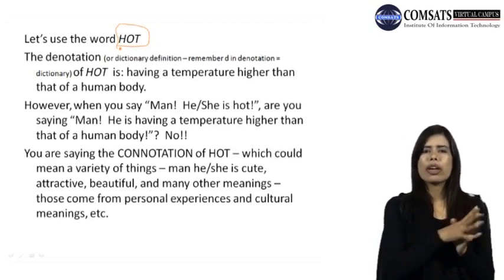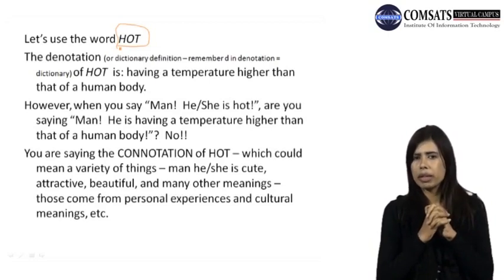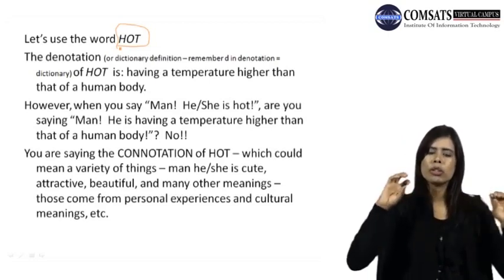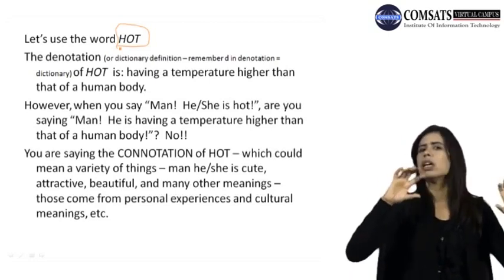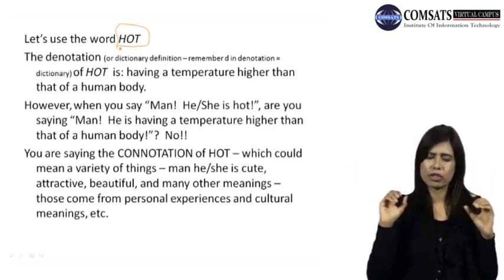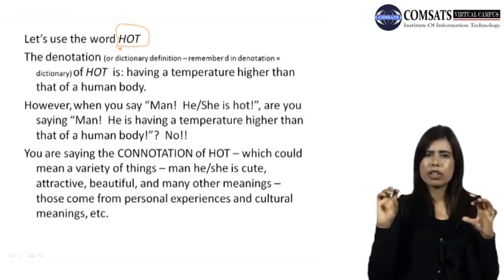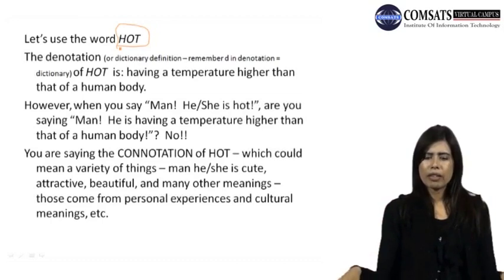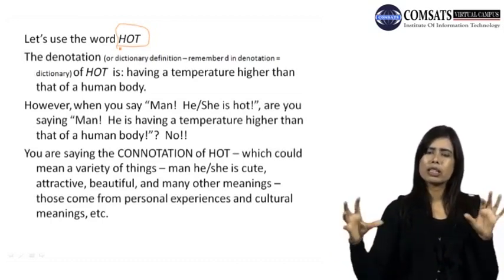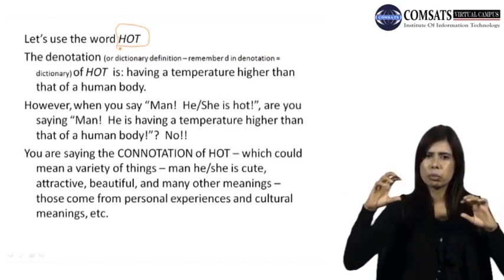If you try to find the meaning of the word hot in the dictionary, you'll find the very dictionary definition: having a temperature higher than that of a human body. So it is the temperature higher than the normal temperature of a human body that is known as hot.